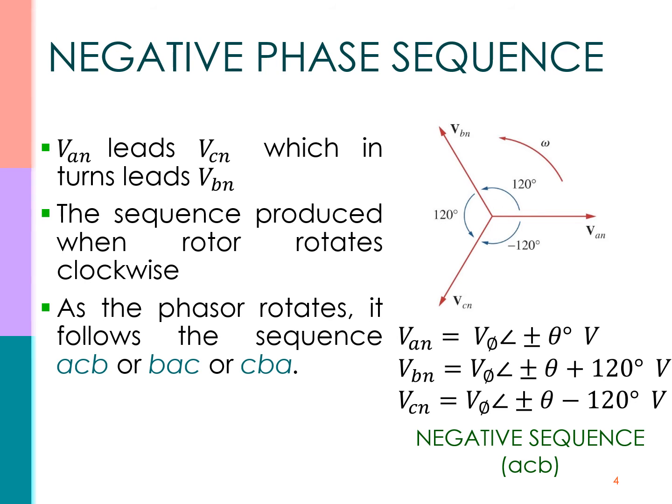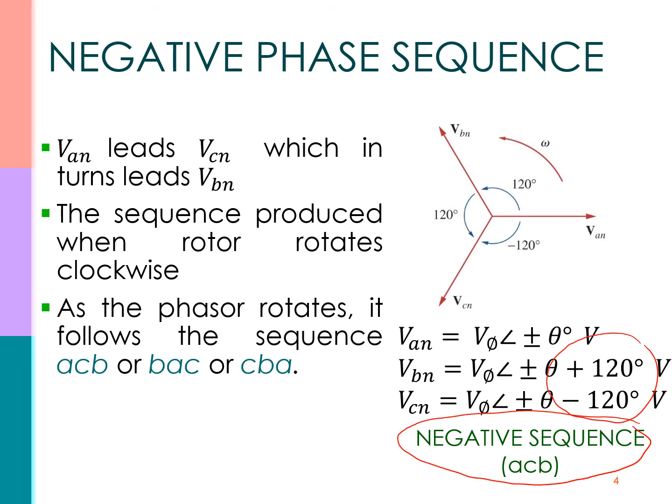For a negative phase sequence, we call it the ACB sequence. We notice that in the ACB sequence, the angles are switched compared with the ABC sequence.